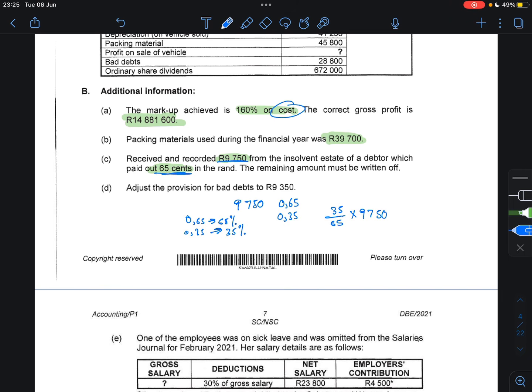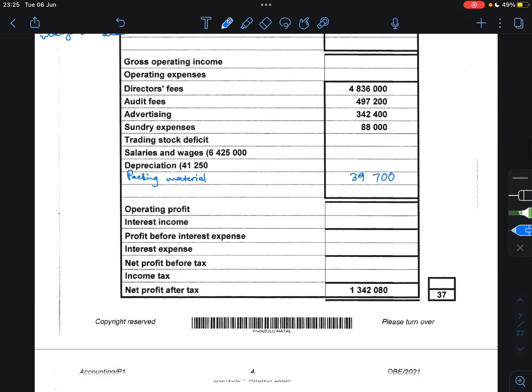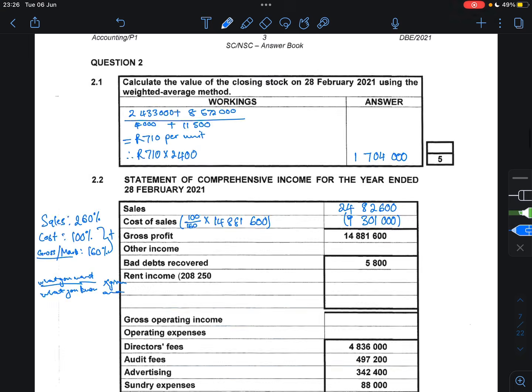So now this simply means that we have written off 5,250. So that goes with our bad debt, 5,250, plus we were given an amount.